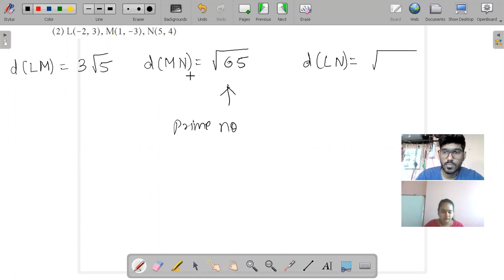So again, I'm getting root 50. So after doing that, I get 5, 5, and 2. So 5 root 2. Yeah. Correct?